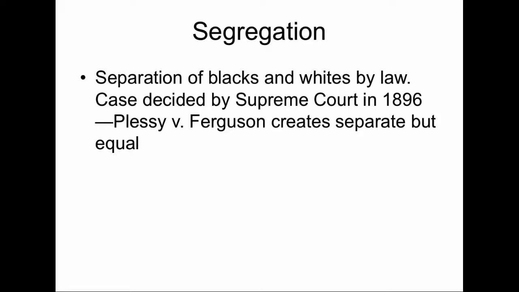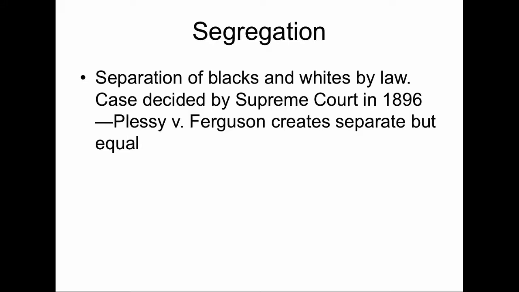Ferguson is a train conductor, and Homer Plessy gets onto a train car. I forget the state. I think it was Georgia. He gets onto a train car, and the train cars had been divided, whites only and blacks only, in different sections of the train car.